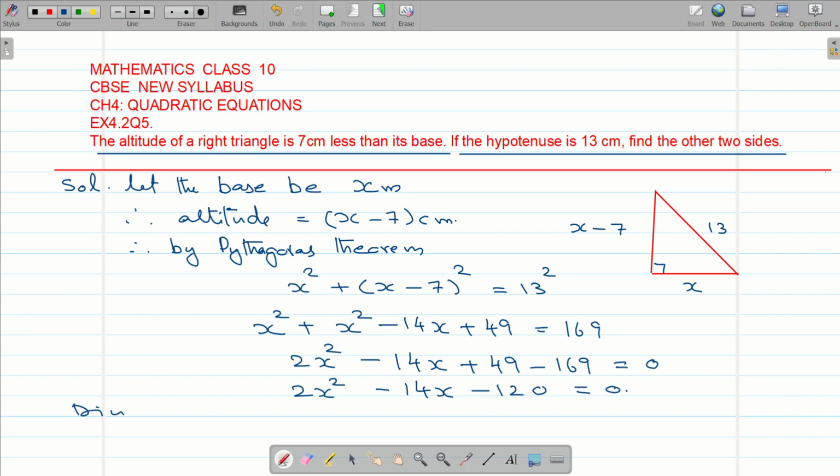Now dividing by 2, we get x squared minus 7x minus 60 is equal to 0.